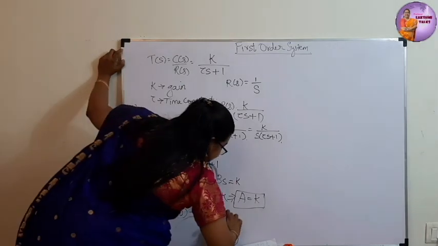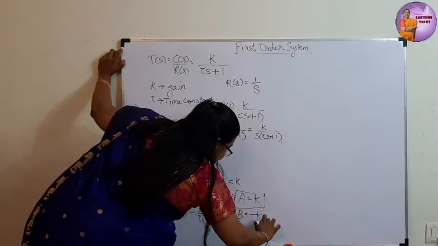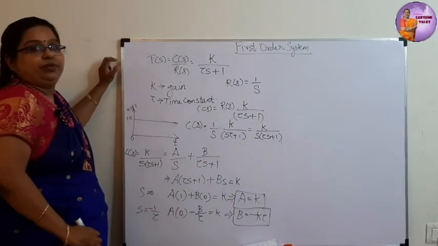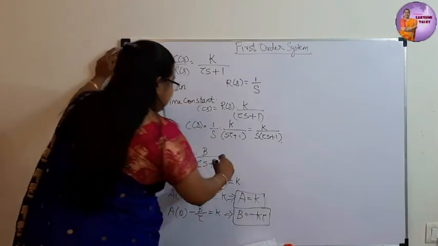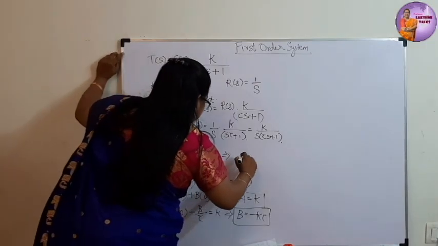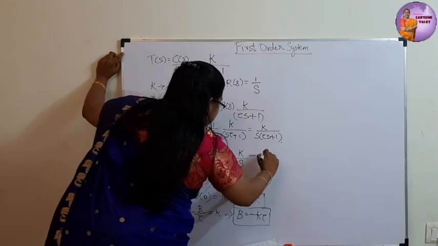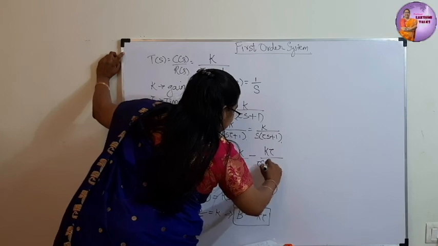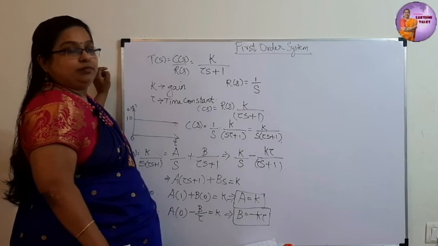So what is B? From this we get B is equal to minus k tau. So this can be written as k by s minus k tau divided by tau s plus 1.